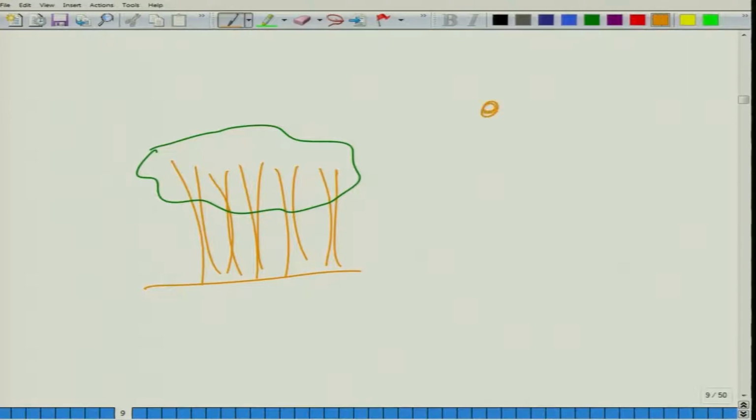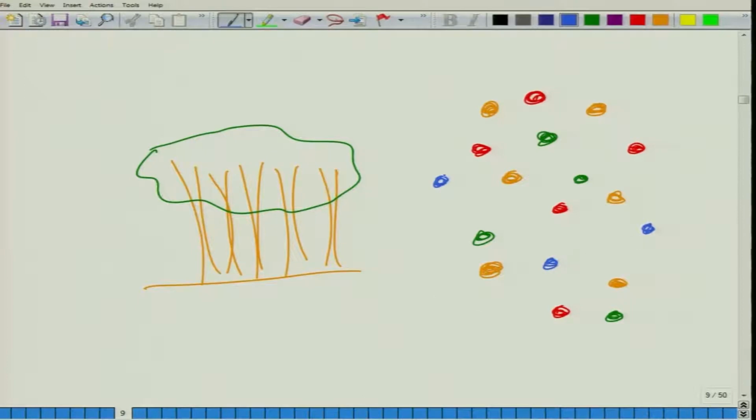Consider a forest in which you have mixed species. When we talk about mixed species, then we might have our trees separated from each other. So, this is one species, this is another species, this is our third species, say this is our fourth species.